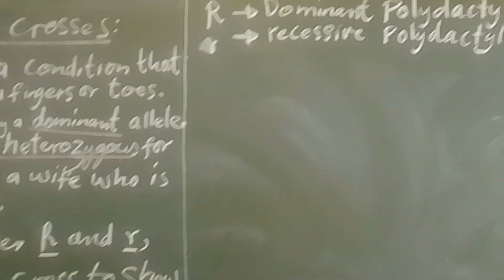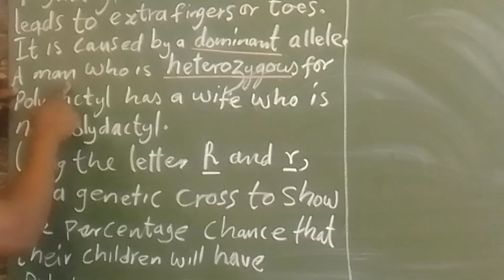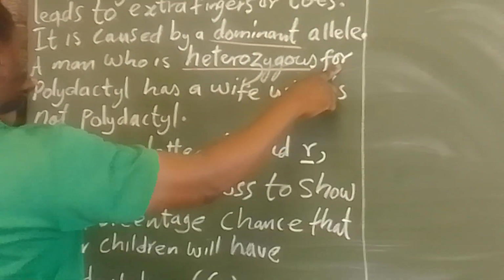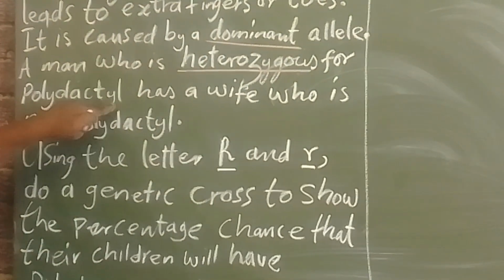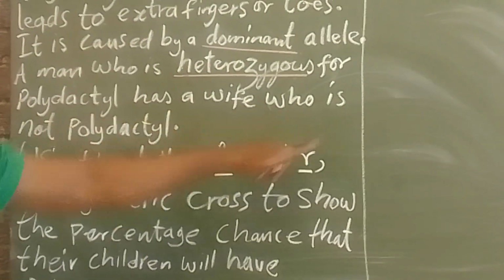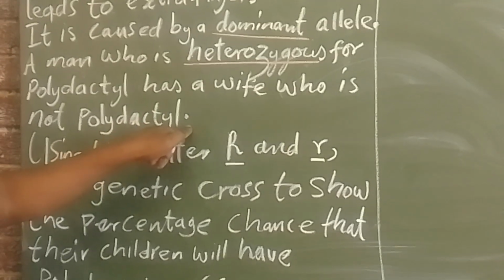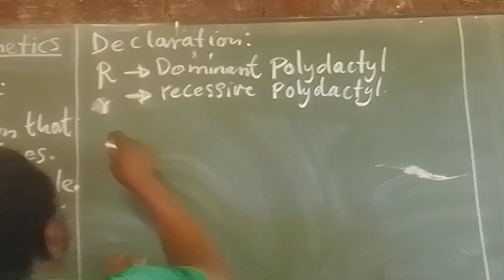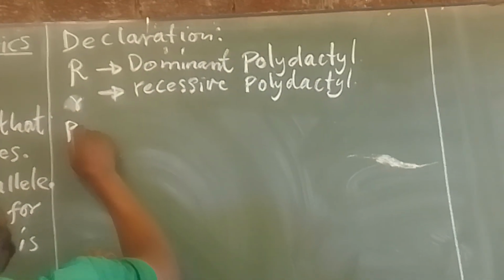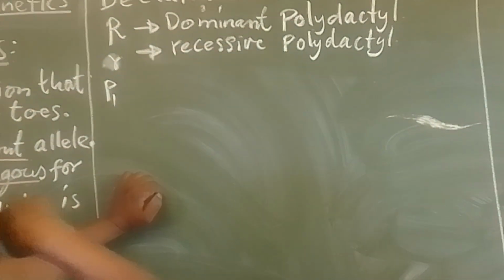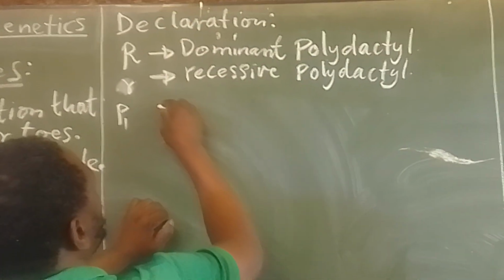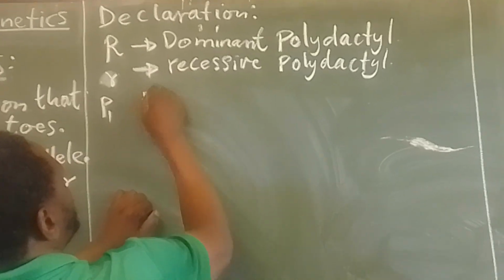Right? So here the statement says, a man who is heterozygous for polydactyly has a wife who is not polydactyl. So this one is polydactyl, this one is not polydactyl. So we are going to say the parent P1. P1 means the first parent. We have the phenotype.